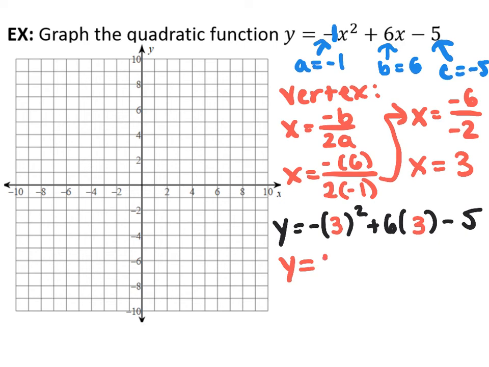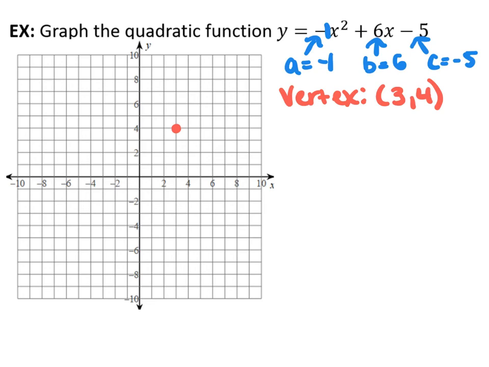So y equals 4. So the coordinate of the vertex is 3, 4, which we can now plot on the graph. Now the axis of symmetry is the vertical dotted line that goes through the vertex. So we can draw in that vertical dotted line. And we need to make sure we're doing this because if we forget to do this, it tends to cause a lot of errors. So it means x equals 3.